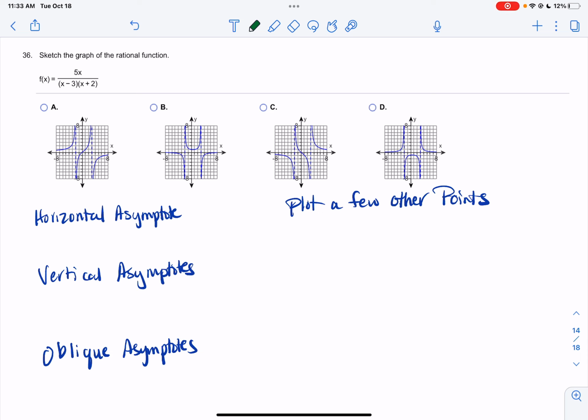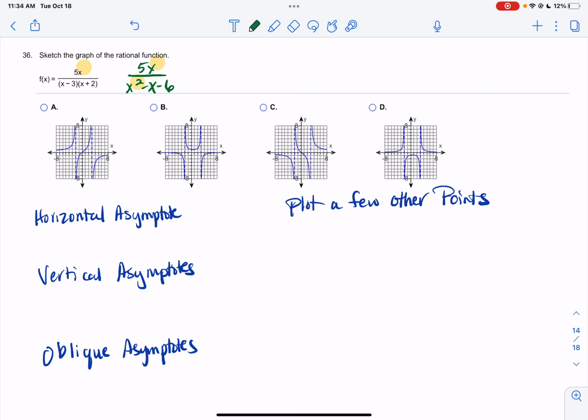Our horizontal asymptotes. For the horizontal asymptotes, we look at the degree of the numerator. Now the degree of the numerator here, if we write it out, 5x, and if we expand the denominator and simplify like terms, you'll see that the degree of the numerator is 1 and the degree of the denominator is 2.